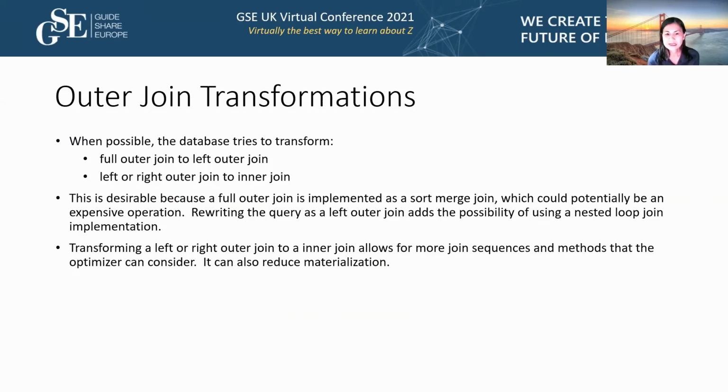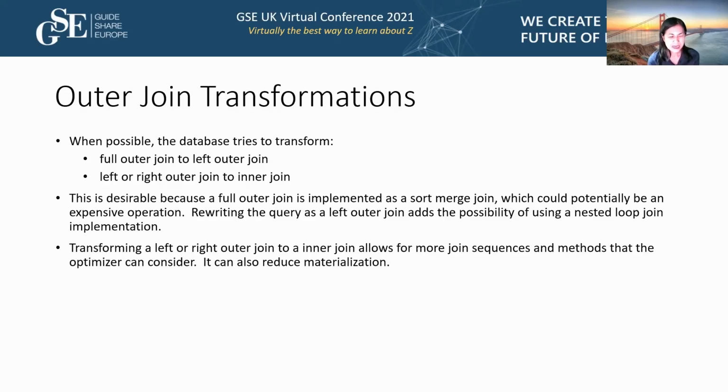Full outer join is implemented as a sort merge join, which is potentially an expensive operation. Transforming the query to a left join has the possibility of using a nested loop join, which is a cheaper operation. Db2 also transforms a left or right outer join to an inner join.